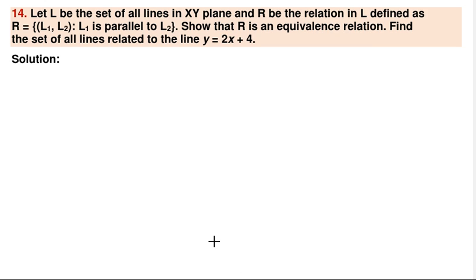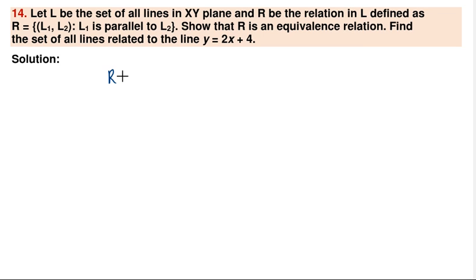The next question: let L be the set of all lines in the XOY plane and R be the relation in L defined as (L1, L2) is a member of R if L1 is parallel to L2.